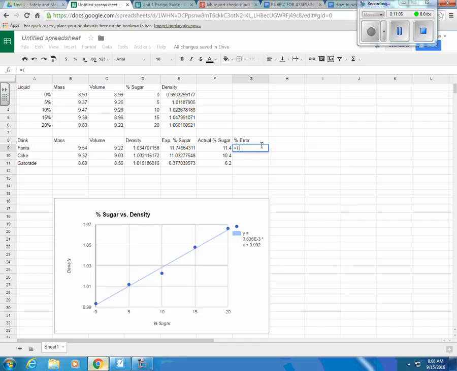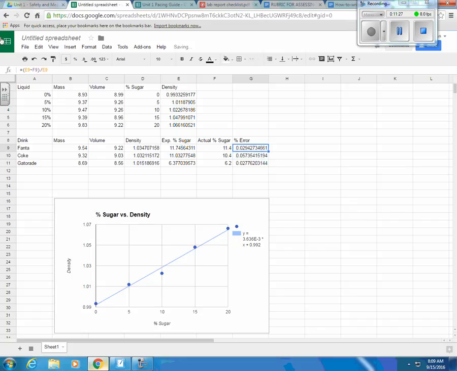So you are going to have a parentheses, then your experimental minus your actual, close the parentheses, and divide by the experimental. Now, you can do one of two things.